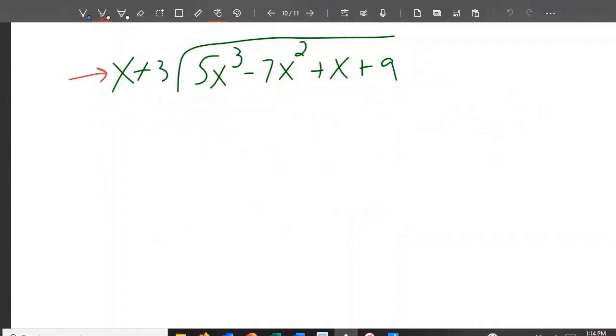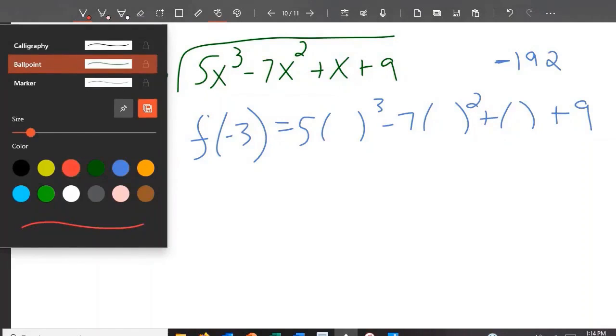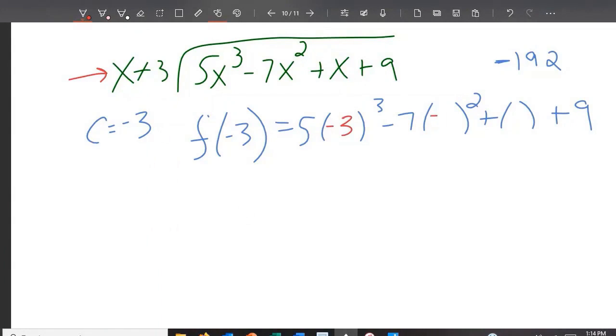Now let's take this problem we had earlier. I said that c was negative 3. And when we did synthetic division on this, we found that the remainder was negative 192. I want to use this remainder theorem to find that remainder. So we're going to take away the x. This is normal stuff that we've done in the past. I'm going to put a negative 3 everywhere the x is.